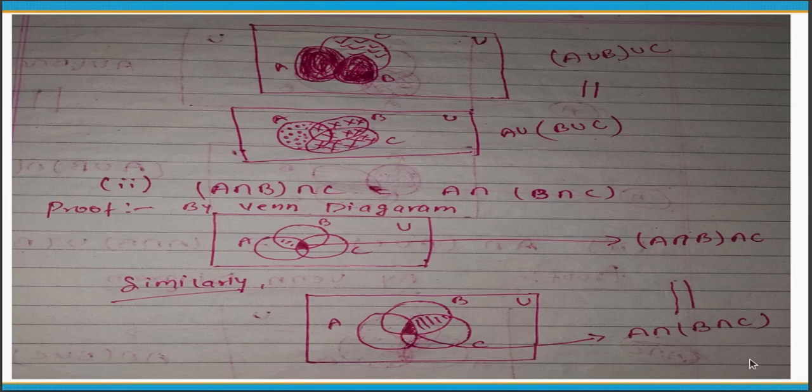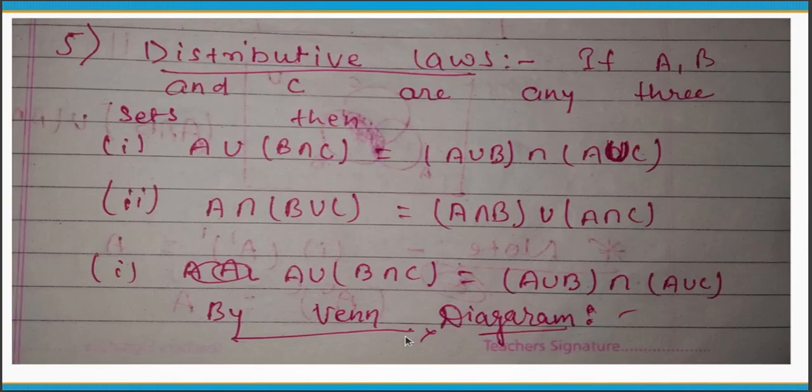This is the common part of A intersection B intersection C. Similarly, you can first solve the bracket part B intersection C, this is the part. Now intersection with A, this is the only shaded part. Both shaded parts are equal, so you can say it.